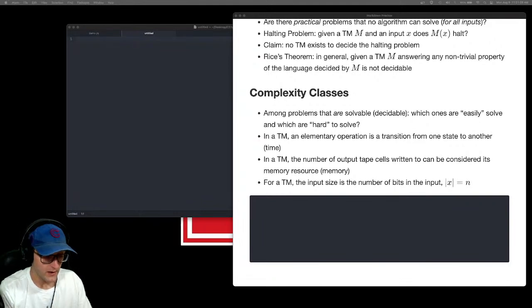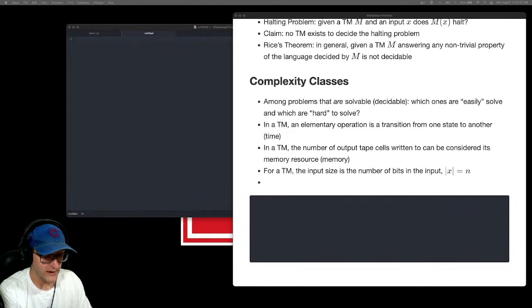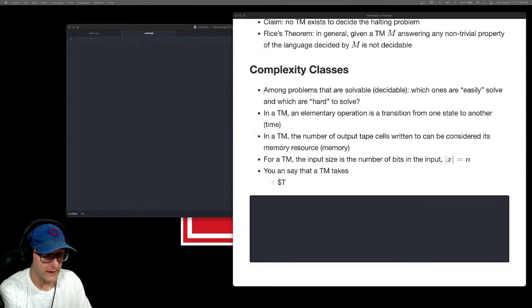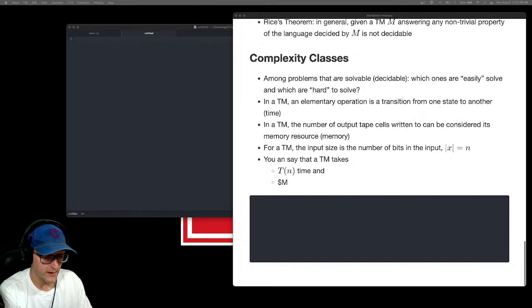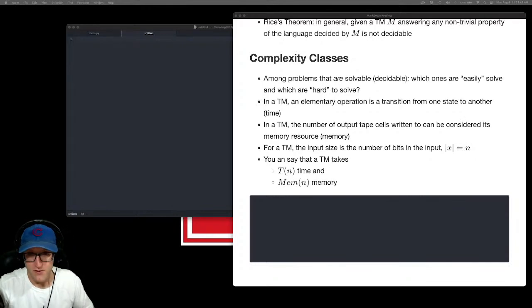And therefore, you can say that a Turing machine takes T sub n time and M sub n in memory. I don't like that. Let's go with MEM to distinguish it from another machine M running something. And we're not really going to look at it from the perspective of memory anyway. We're going to focus more on time here.